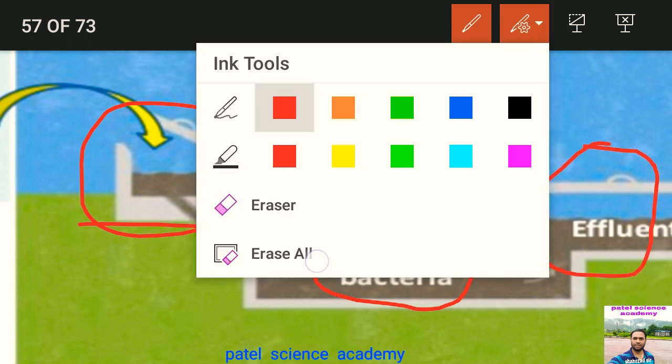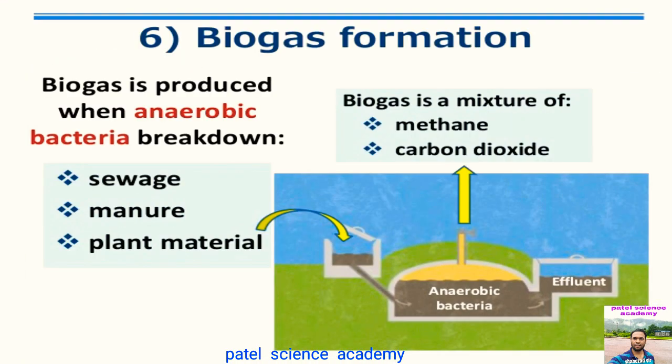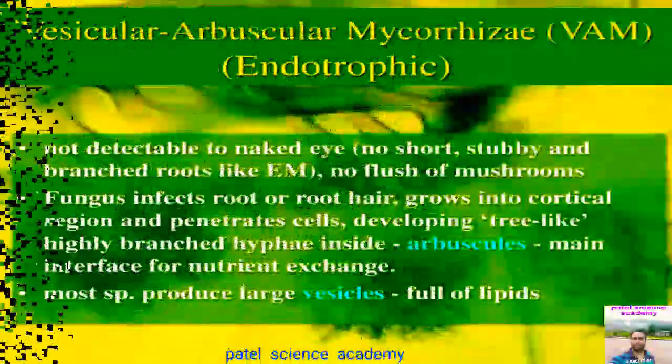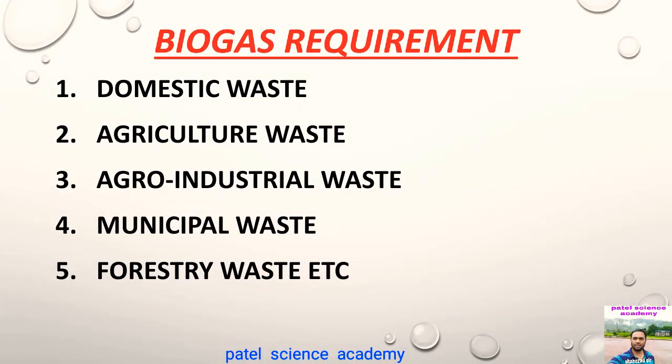So this is a small biogas plant in which from one side sewage, manure or plant material or cow dung is inserted, and then it is processed by the anaerobic bacteria, and then biogas is produced. So let's see all these steps one by one.